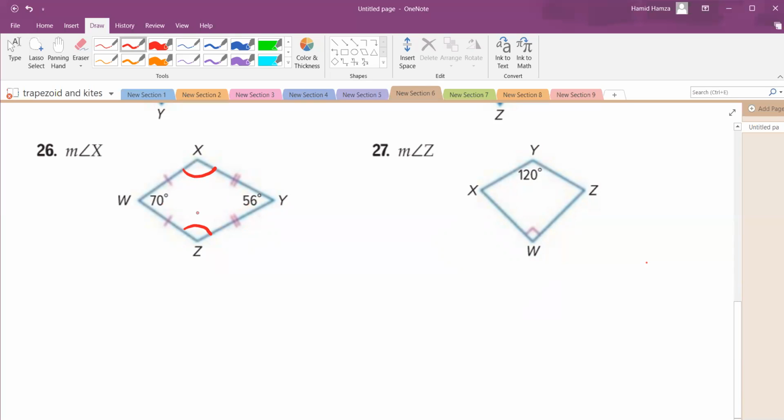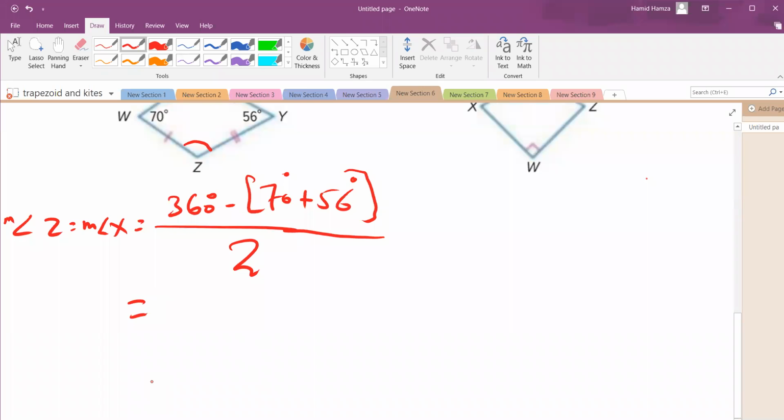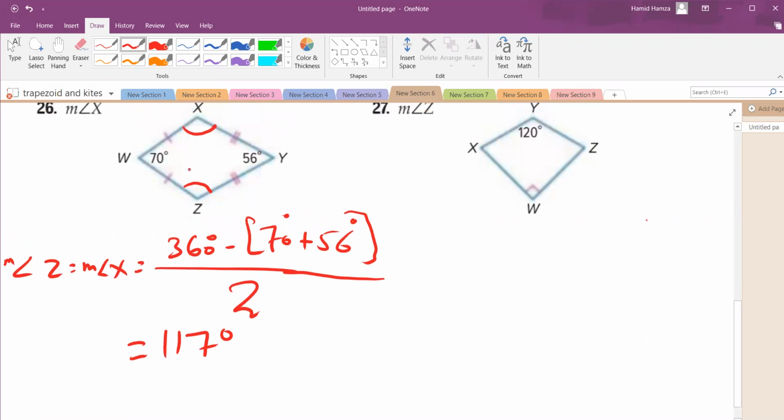Measure of angle Z equals measure of angle X equals 360 degrees minus the given angles 70 plus 56, all over 2. The answer is 117 degrees. That means this angle is 117 and this one is 117.